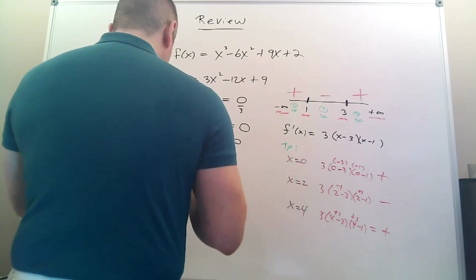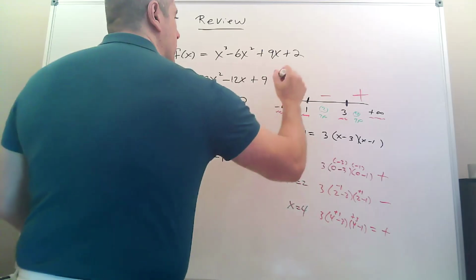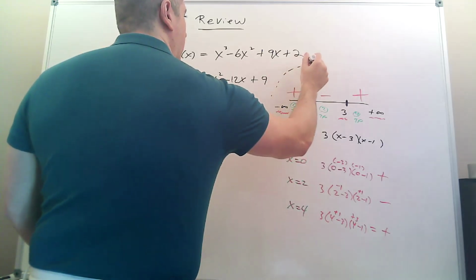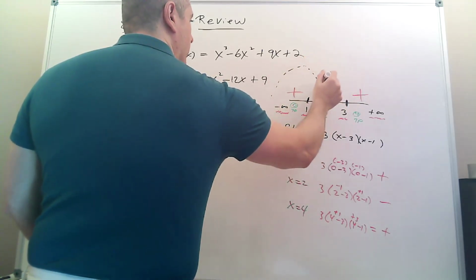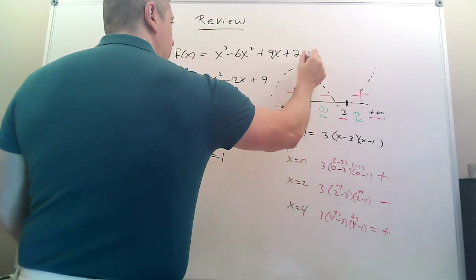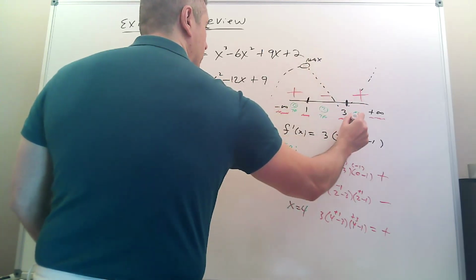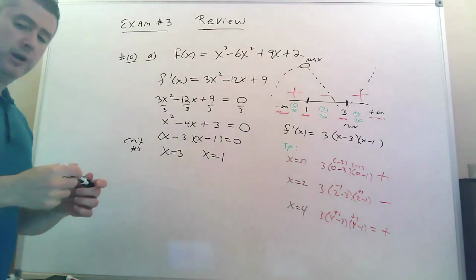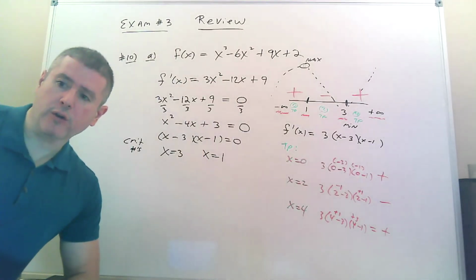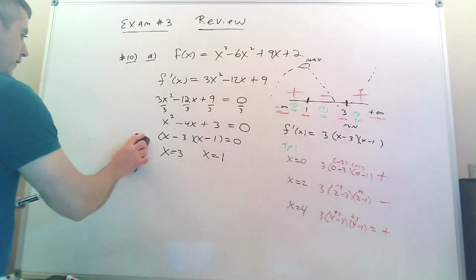And again, you could make that little rough sketch if you want to try to do it. The graph goes up, then it comes down, then it goes back up. That means that this is going to be max, this is going to be min. And you can tell this when you plug the numbers in. It's pretty straightforward. So I'm going to do all the rest of that work. I don't know where I'm supposed to try to fit it.